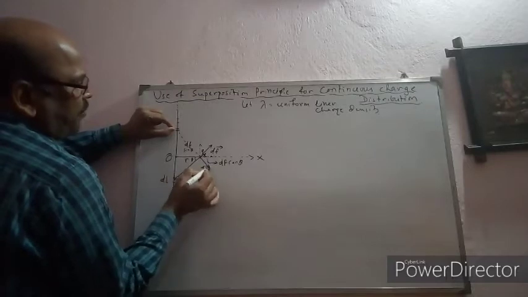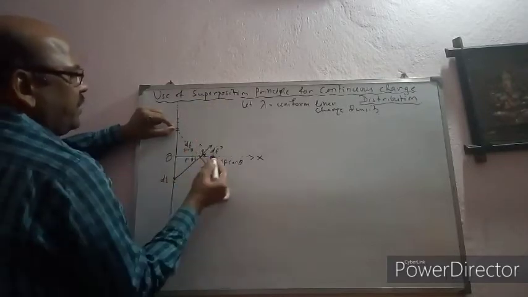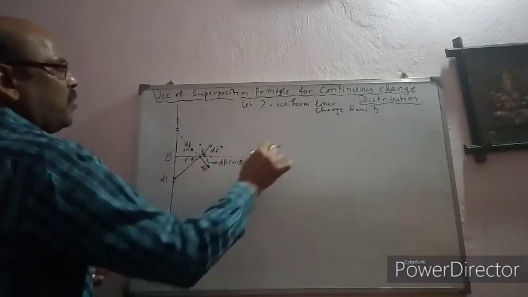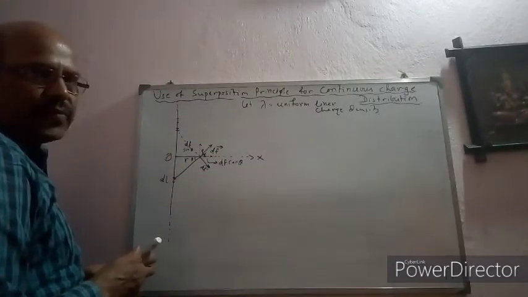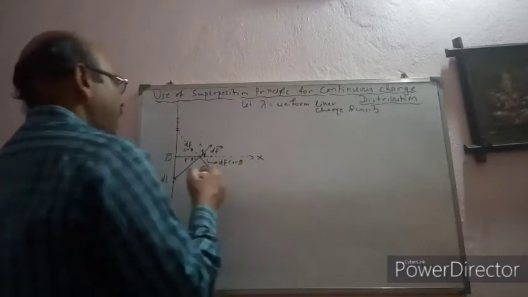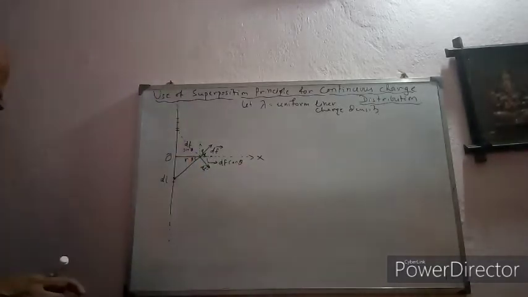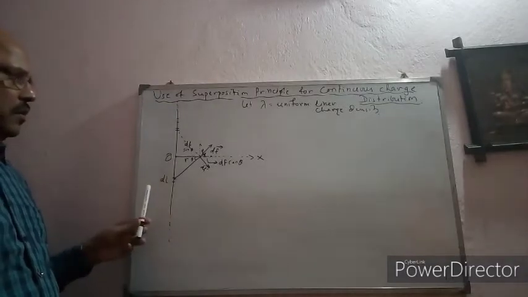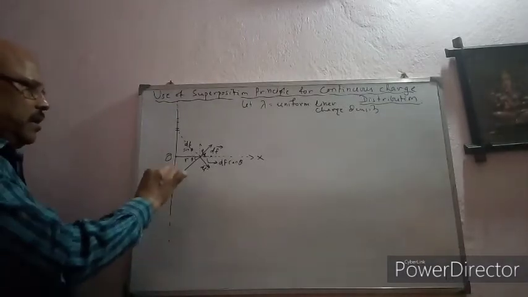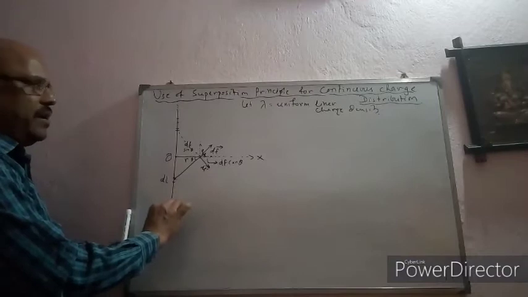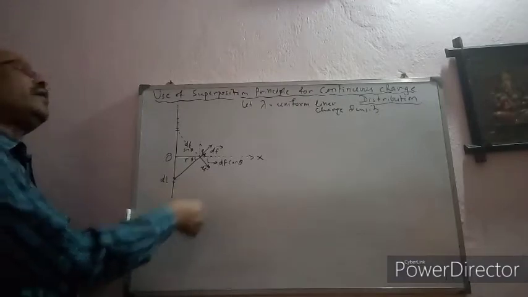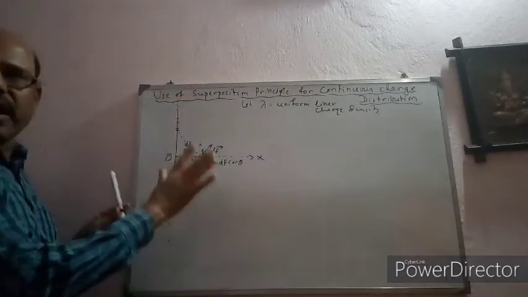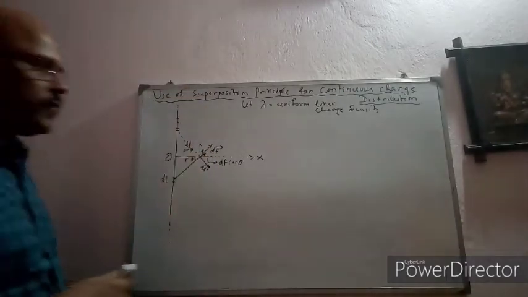So the y component of dF and the y component of dF dash will cancel each other. Therefore only the x component will be there. As the charge distribution is infinitely long, for every element dl in the lower half we get a corresponding element dl in the upper half, so that the y component of forces gets cancelled.